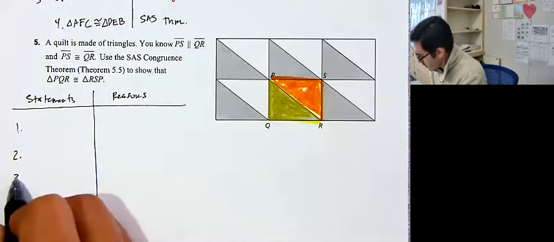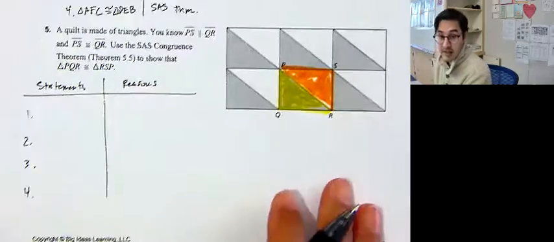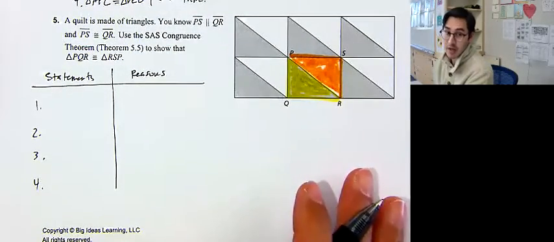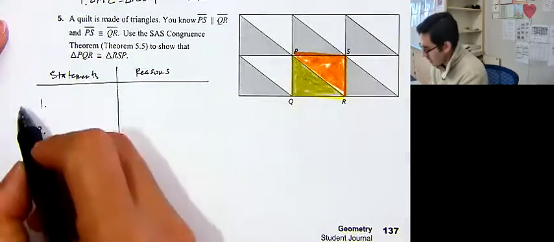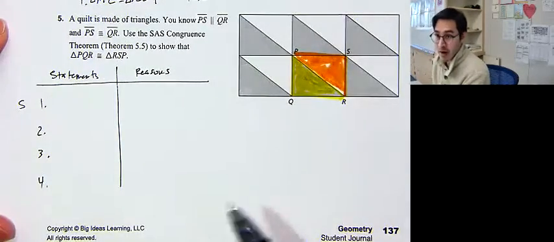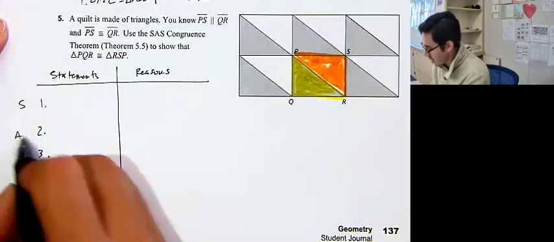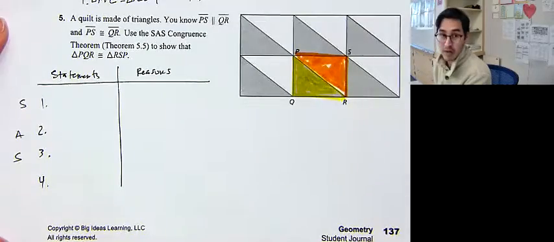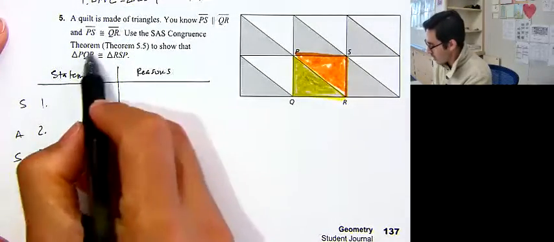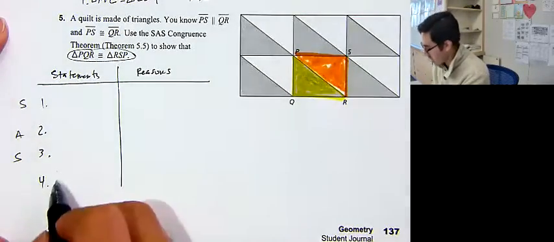All right. So to do this as simply as possible, I'm going to try to do it in just 4 statements. Statement number 1 is going to be about a pair of congruent sides, then a pair of congruent angles, and then a pair of congruent sides, and then statement 4 is going to be about our triangles, which I already know what that statement should look like, so I'll write that in.